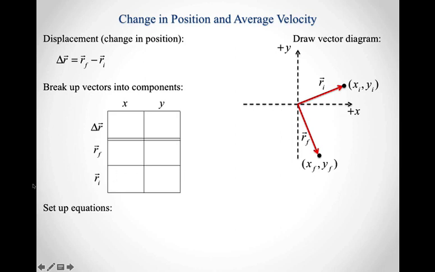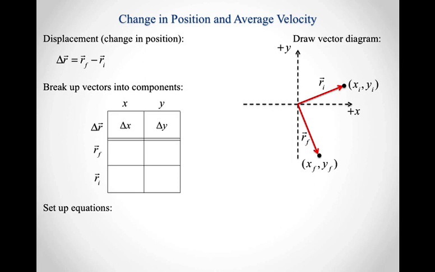So I need to break those 3 vectors up into components. Again, for the change in position vector, I'm just going to leave that as delta x and delta y. That may be something I know, or the more likely situation is that those are my 2 unknowns within the problem.